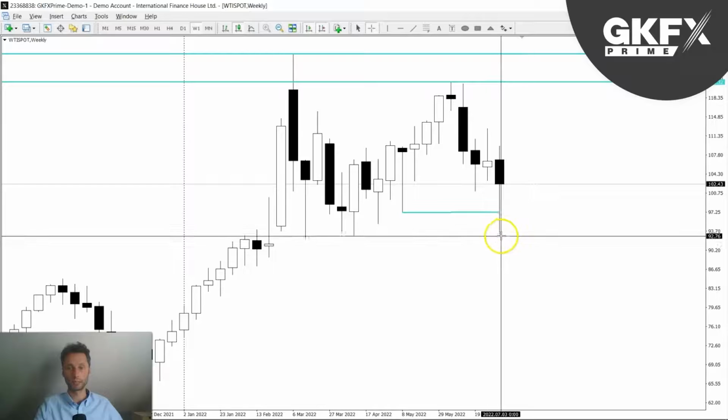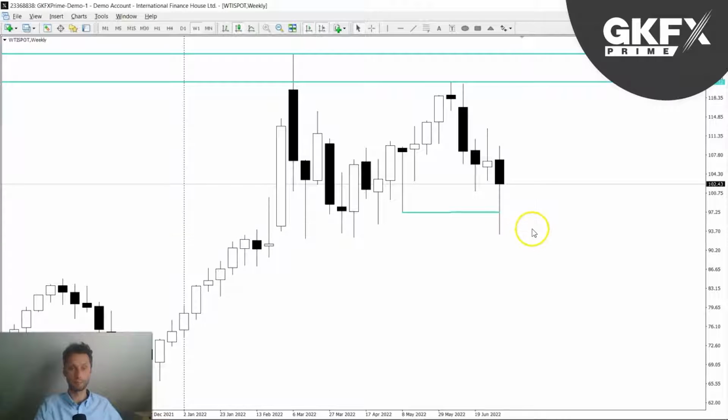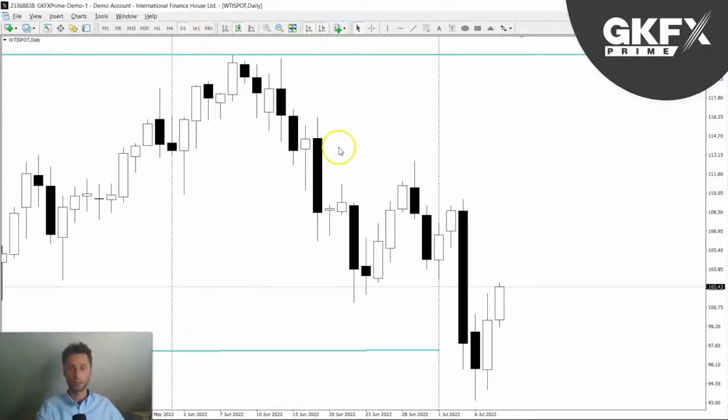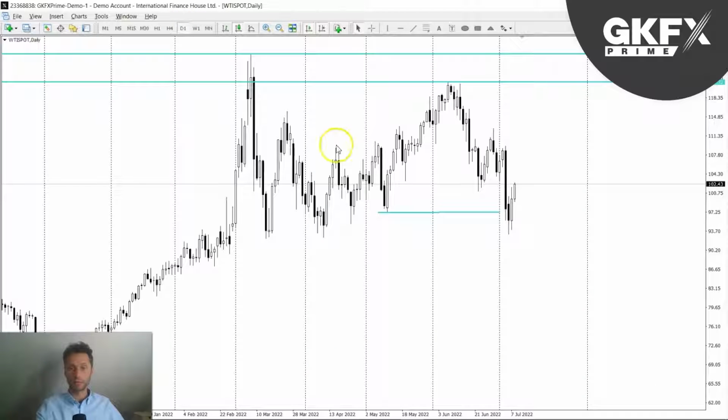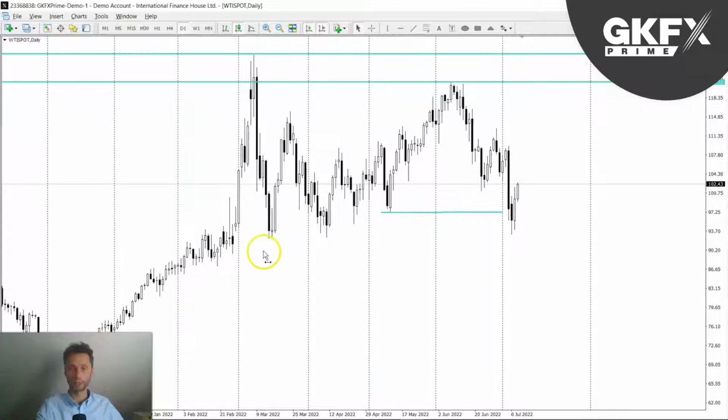This wick indicates that there may be a little bit of either choppiness or a rangy market, or even more movement to the upside in the coming week or few weeks. So we're going to have to be careful with oil here.